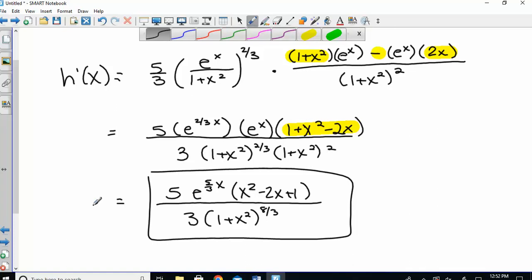Um, 17, you had to write a sentence telling me what that meant. So when the interest rate is 10%, the repayment costs are increasing $1,200 per year. 18a, dy dx equals sine x sine y over cosine x cosine y, or you could have said tangent x tangent y.